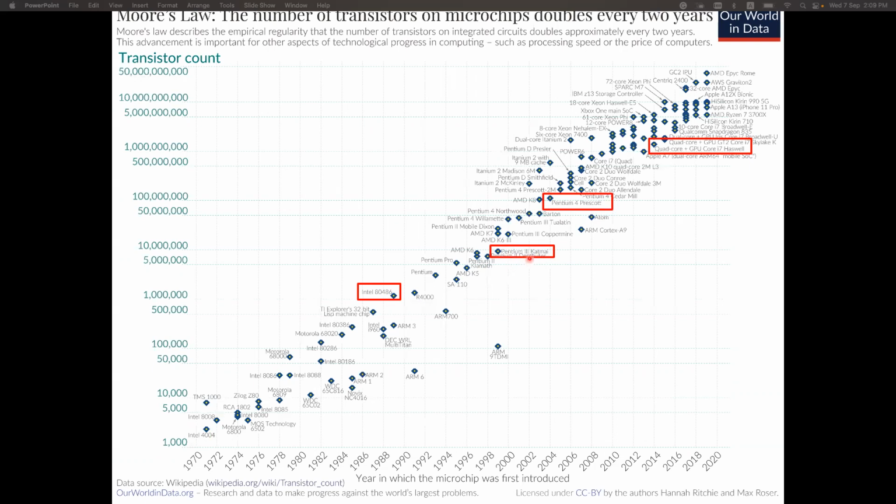This Pentium 3 processor by Intel contains more than 10 million transistors. And this one, a Pentium 4 model here, contains more than 100 million transistors. Then this is 1 billion.